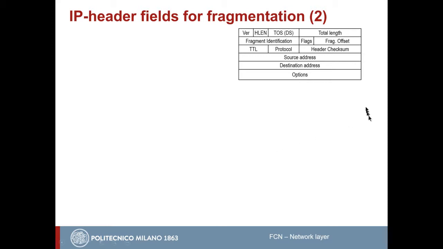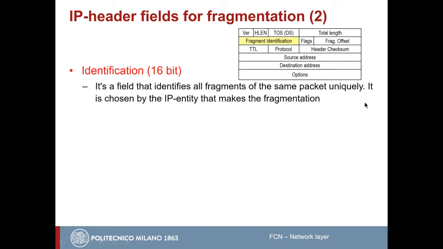And the fields involved are the following. First, there is this fragment identification field. Each packet that is generated by a host always has a certain number written here as identification, which is usually a number that is randomly selected.